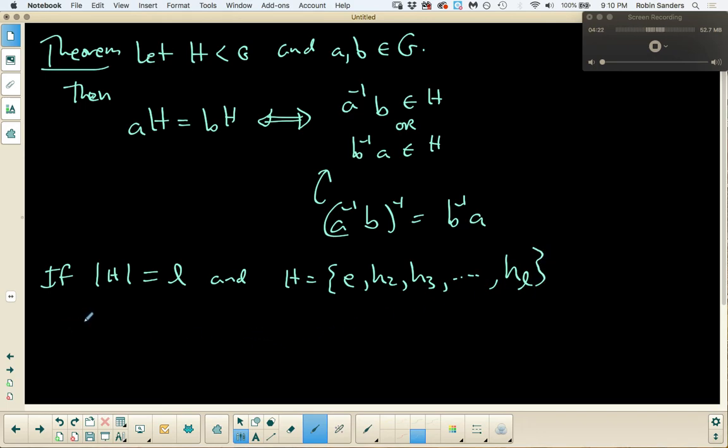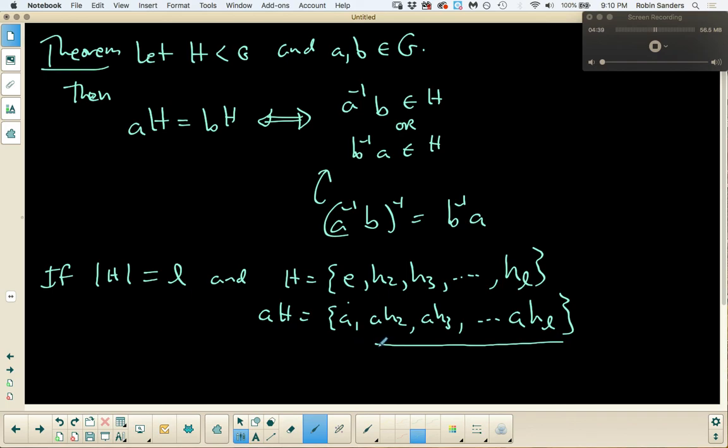Then if I look at AH, that would be a, ah2, ah3, all the way up to ahL. Any one of these is a representative of the left coset.